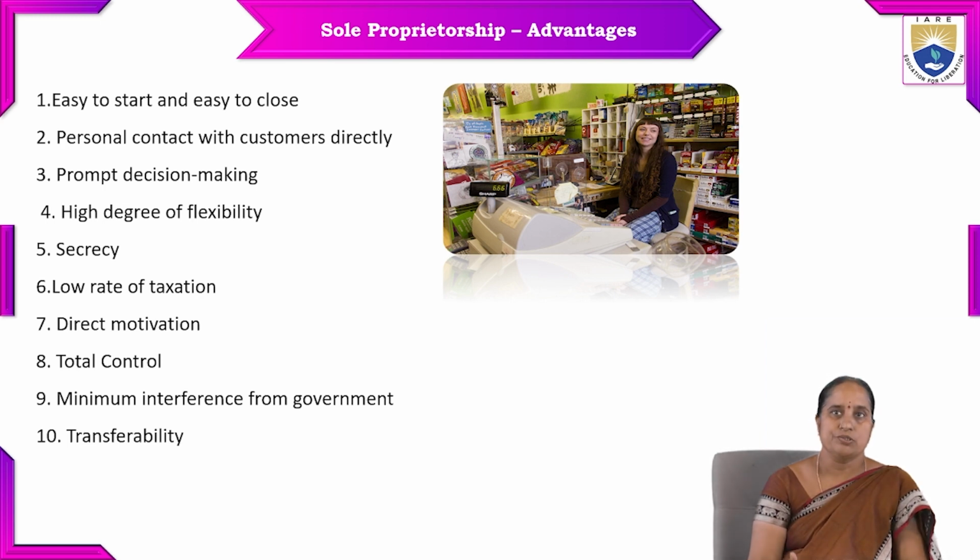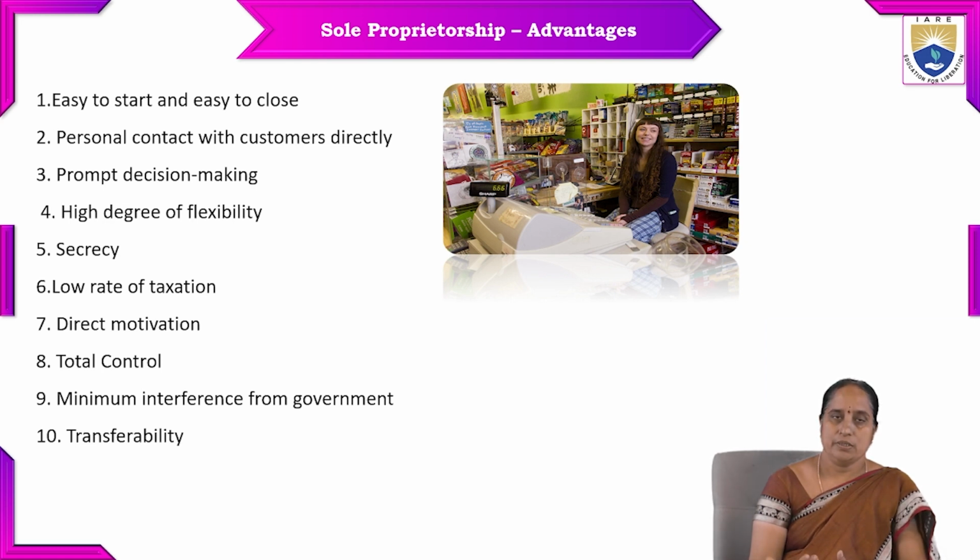And direct motivation. He gets motivation from the customers, through the way he renders the services, provides qualitative goods, and maintains good cordial relations with the customers. As a result, the customers will also be attracted towards the sole trader.